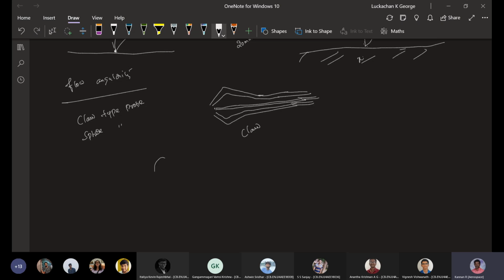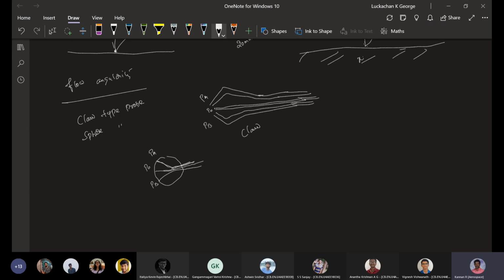In the case of a spherical probe, they are going to have holes like that, and also a central hole. Normally they go for a 3 hole or 2 hole probe. Let us take this as PA and this as PB, and the central one we will take as P naught.